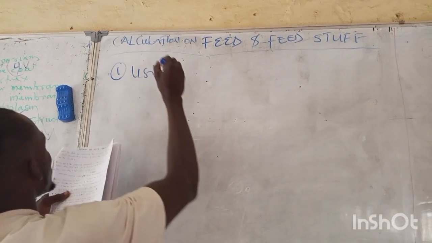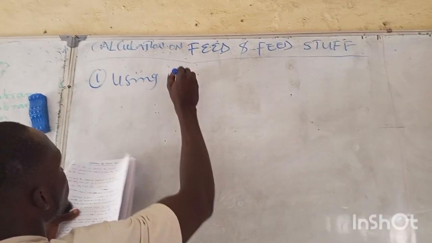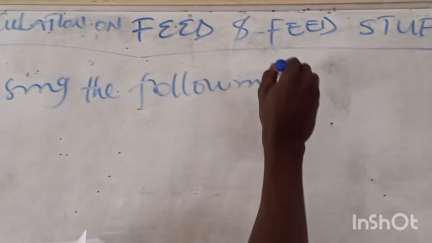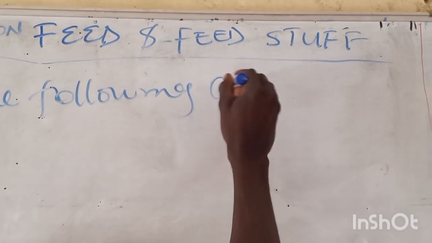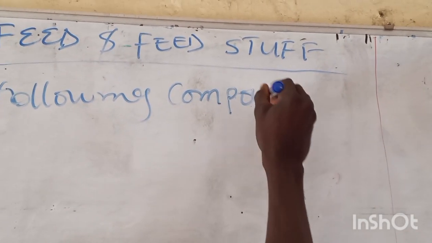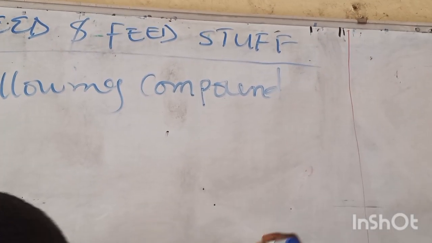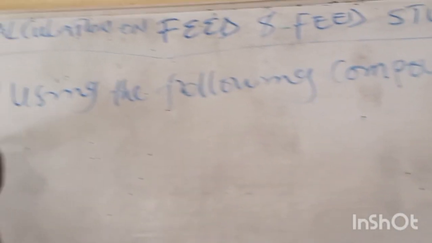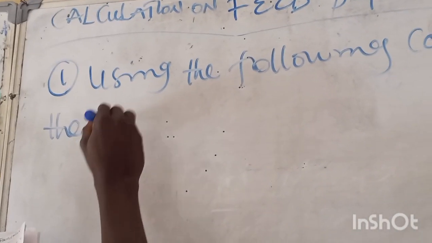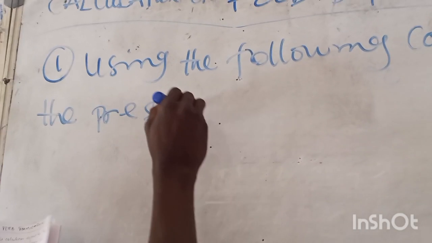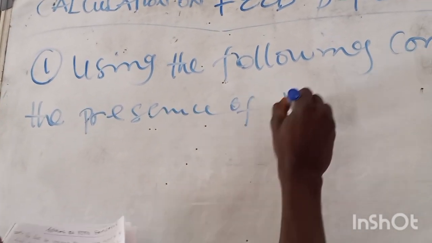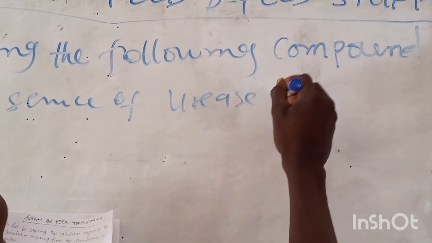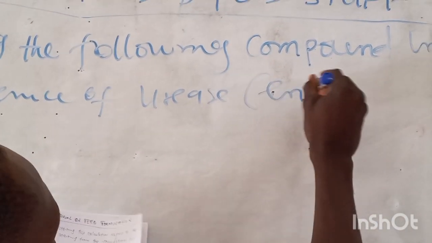Using the following compound in the presence of urea, that is urease, which is the enzyme now. Enzyme.